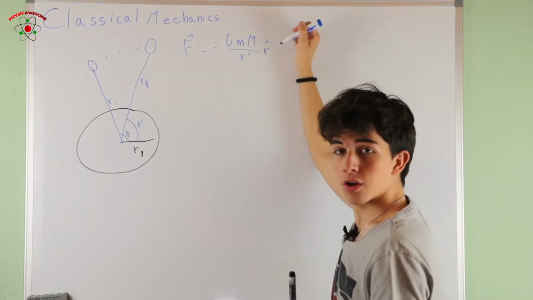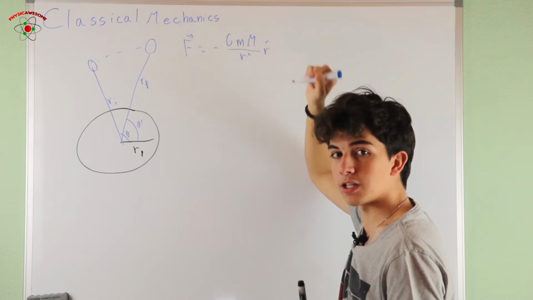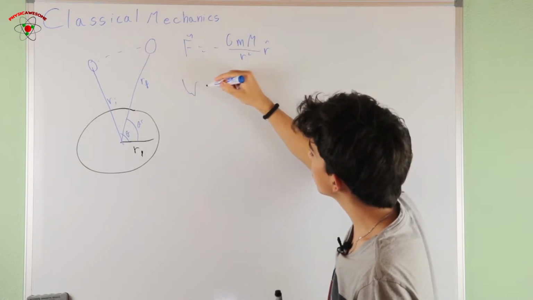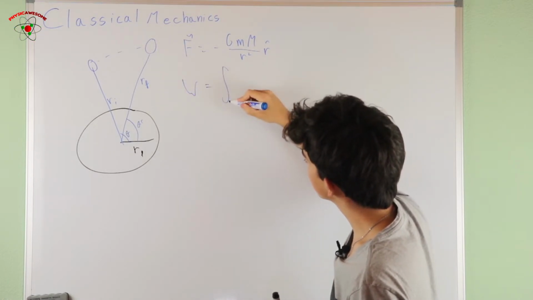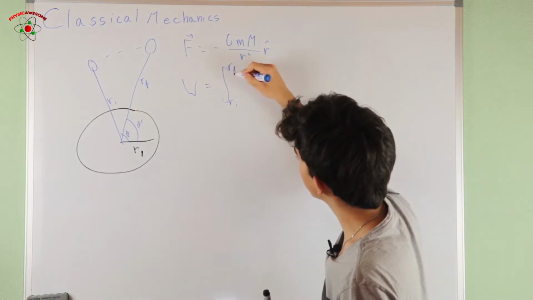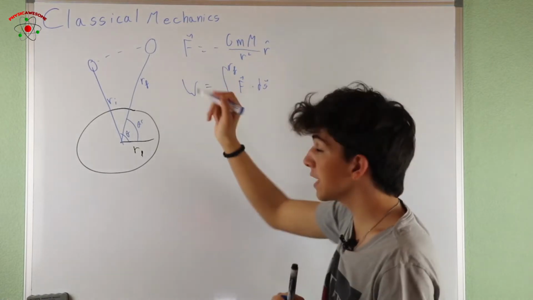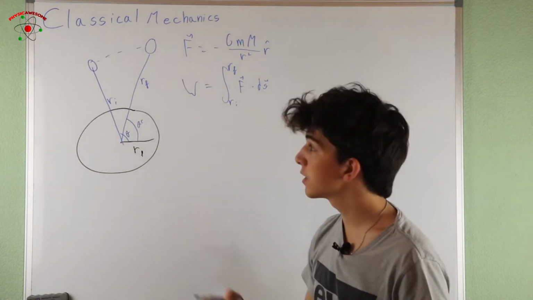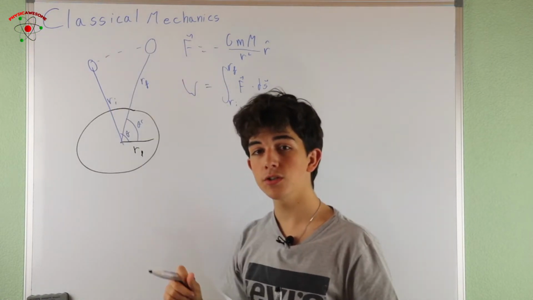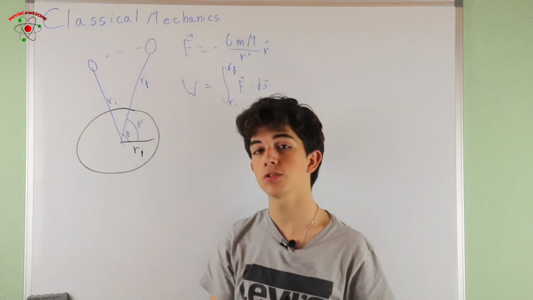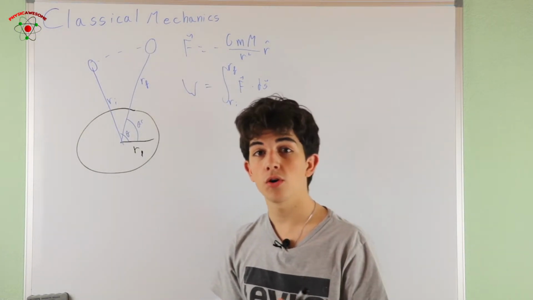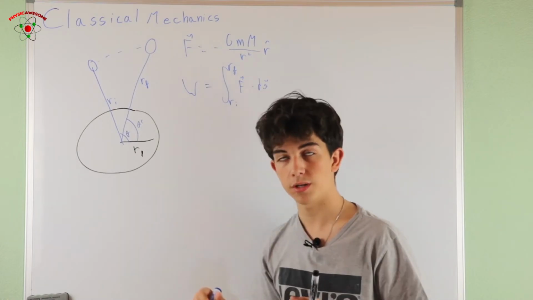Now, as we know it only acts in the r hat direction, we know that work equals the integral from r initial to r final of F dot ds. And even though the displacement is not only in the r hat direction, it's also in the theta hat direction, we are going to have only an r hat component.